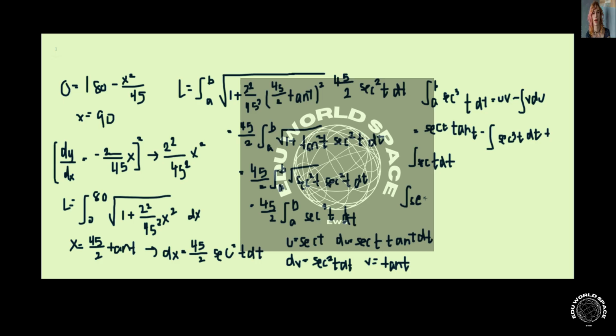So that gives us the integral of secant cubed dt is equal to 1/2 secant times tangent plus 1/2 ln of secant plus tangent.